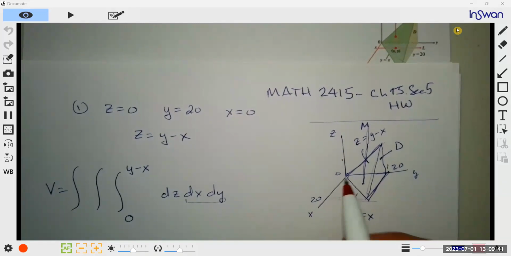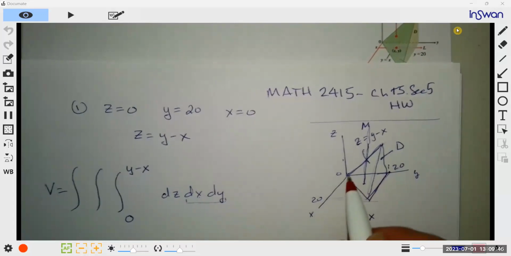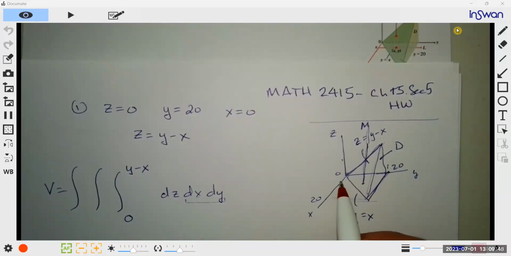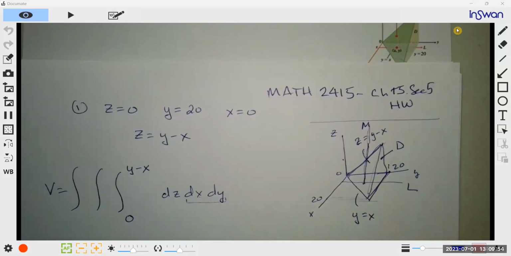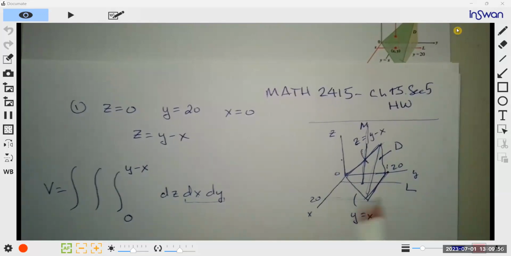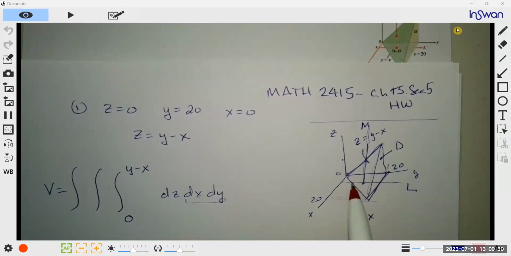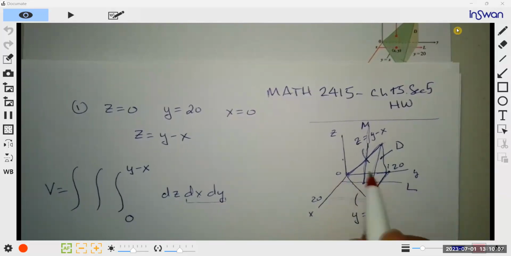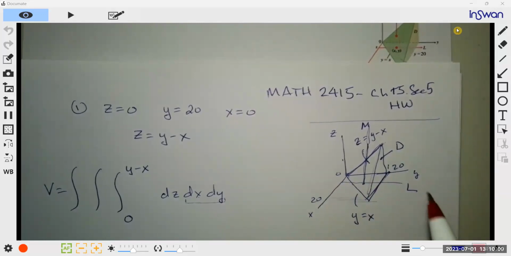All right, then since the next one's dx, perpendicular to there, we draw another line going through the point. That's our line L. It enters here, exits here.